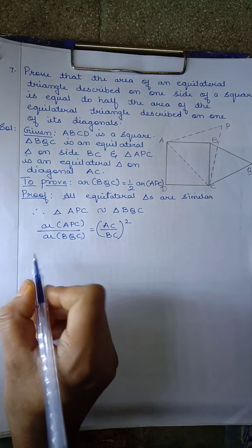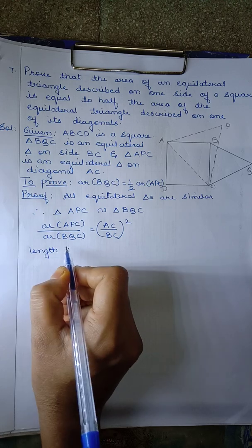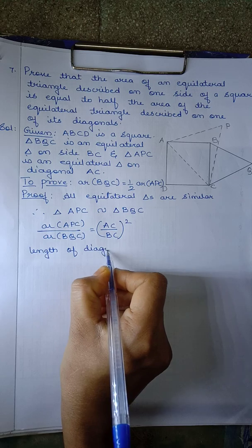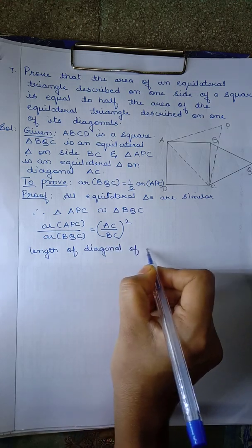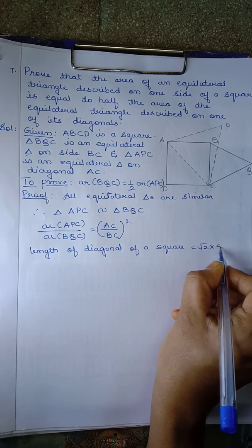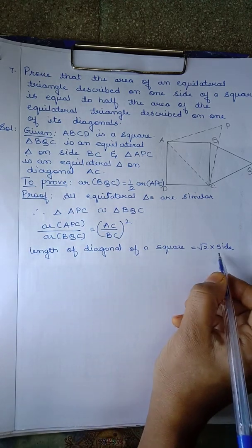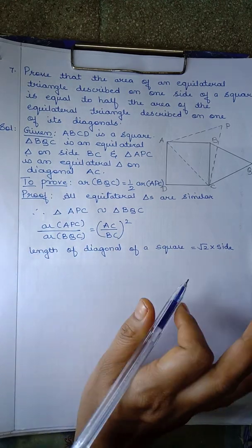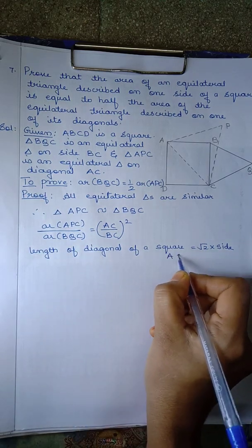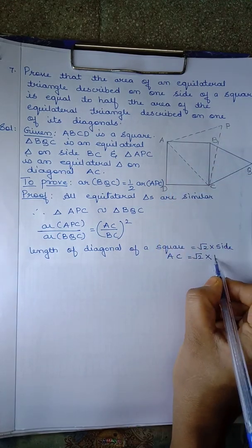Now the length of the diagonal in a square will always be equal to root 2 into side. The length of the diagonal of a square is always equal to root 2 into side using Pythagoras theorem, children. This is a formula to find the length of the diagonal in a square. Root 2 into side, always it is. Okay, so we can write, diagonal here is nothing but AC. So AC is equal to root 2 into side. Side we will take as BC.